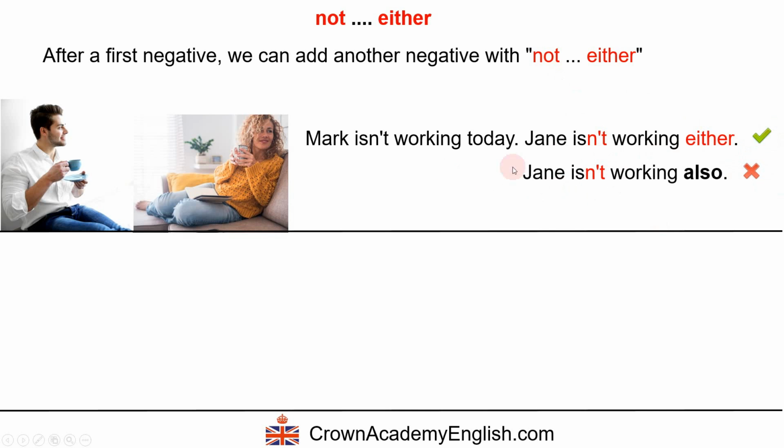We do not say Jane isn't working also. No, this is a very common mistake, but this is wrong. And we do not say Jane isn't working too. No, that's wrong. So when you have two people or two things, when you have the second negative, we say either. Okay, an added negative, you use either, not also and not too.